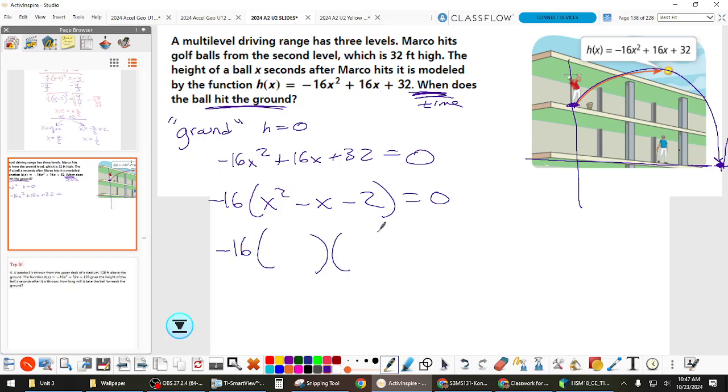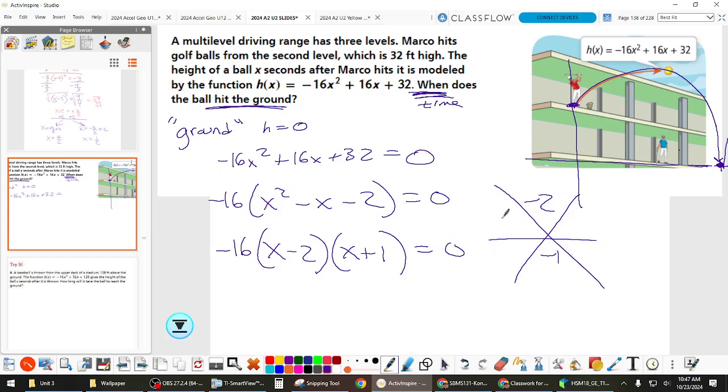Are there factors of negative 2 that add to negative 1? Yep, so it's x minus 2 and x plus 1. If you need the star, we're doing this. So factors of negative 2 that add up to negative 1. Okay?